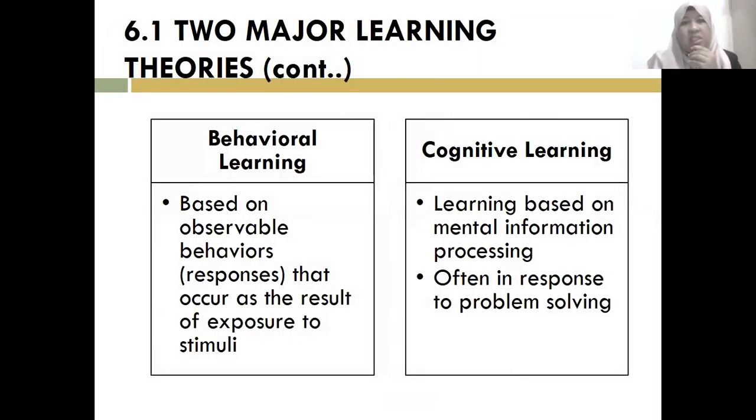Alright, so we go with the next one. We have two major learning theories: behavioral learning and cognitive learning. Behavioral learning is based on observable behavior and responses that occur as the result of exposure to stimuli.